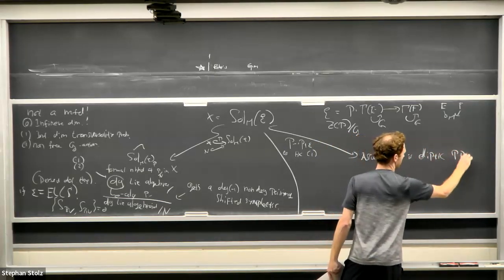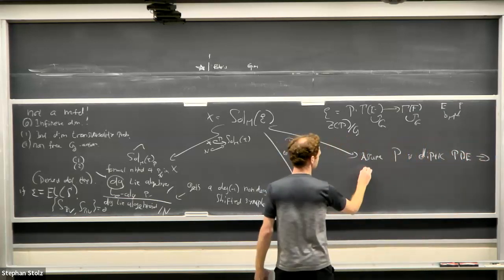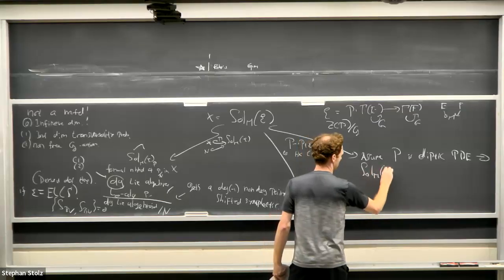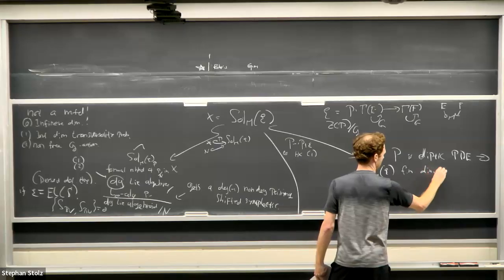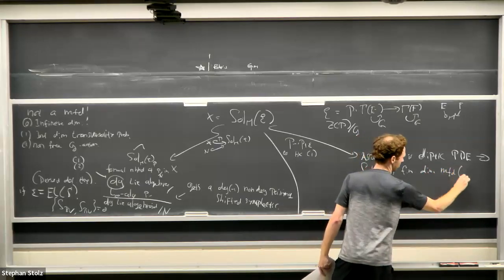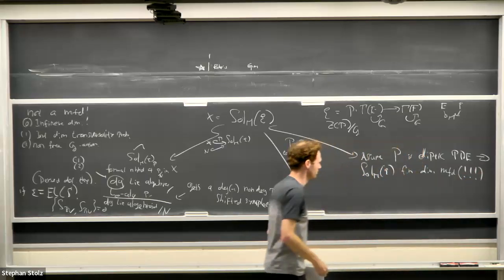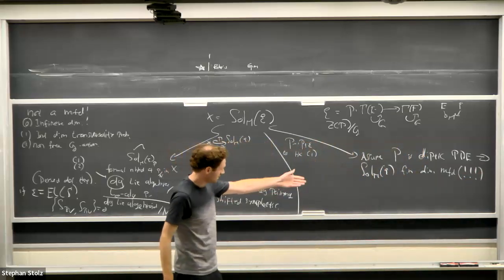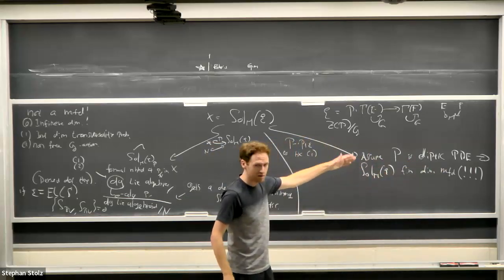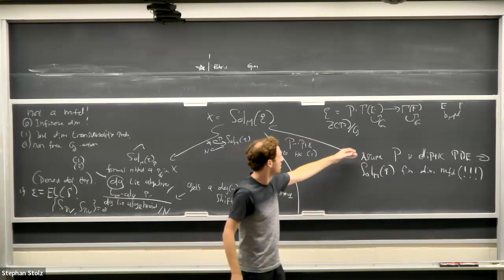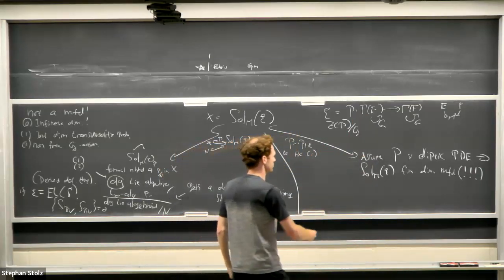PDE, then some magic happens, then actually this object is a finite dimensional manifold. Right, so under this condition of ellipticity, P cuts out a finite dimensional subspace of this space. So this is what people do say in gauge theory.